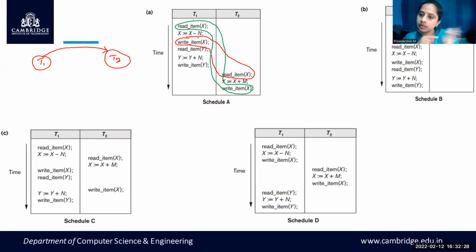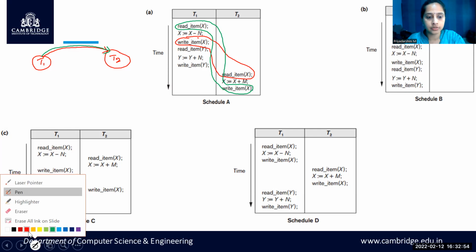If it is a conflict, the edge has to go from the node. Both operations start from T1 and go to T2, so you just use only one edge. Both combined, if you write one, it is over. So this is how we will draw the graph.